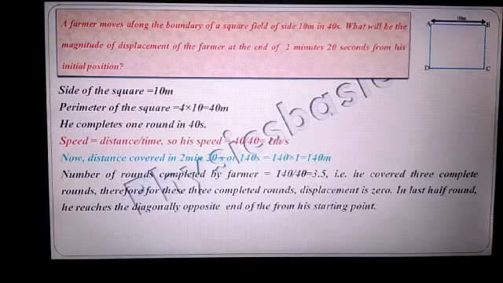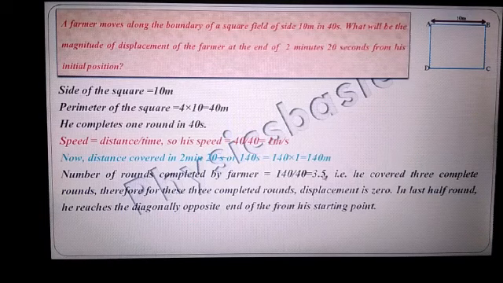Now the number of rounds completed by the farmer in 140 meter is equal to 140 divided by 40. Here we have taken 40 because it is given that the farmer moves along the boundary of the square field in 40 seconds, covering 40 meter, and we have a total of 140 meter.